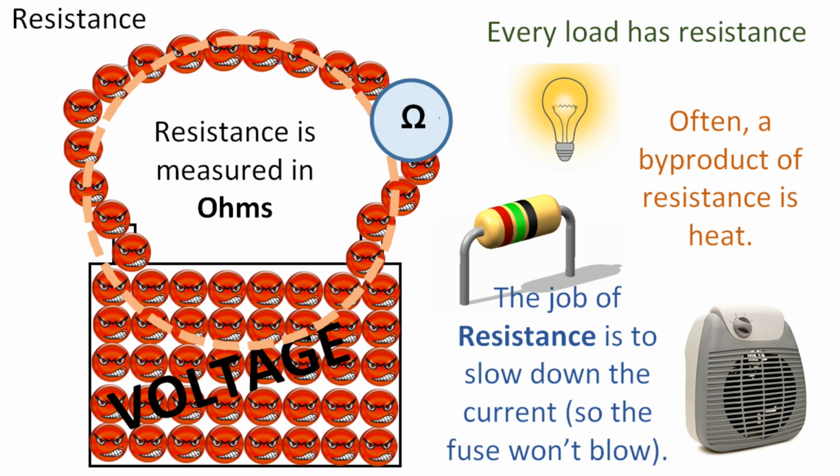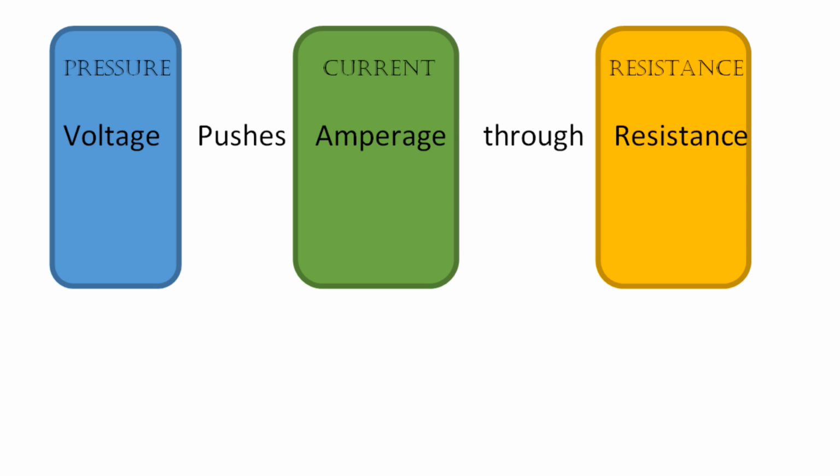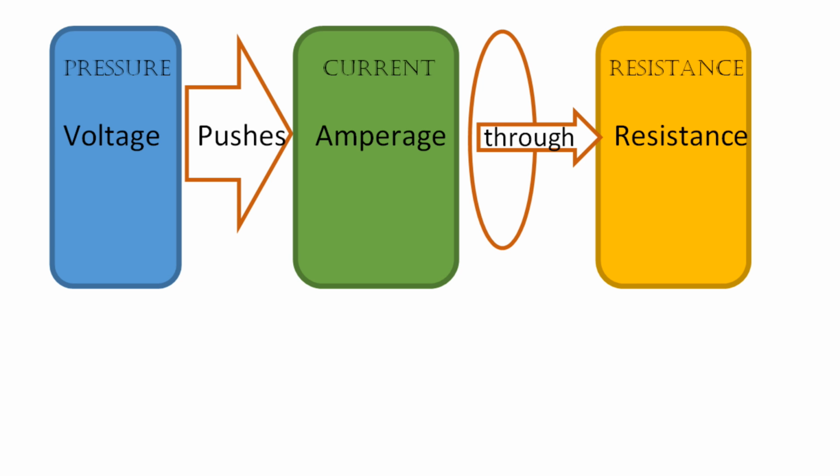So to sum that up, you've got voltage, which is pressure, pushing amperage, which is the current, through resistance to do work. That right there is electricity. The more the voltage is increased, the higher the amps get, and the faster the motor will turn.